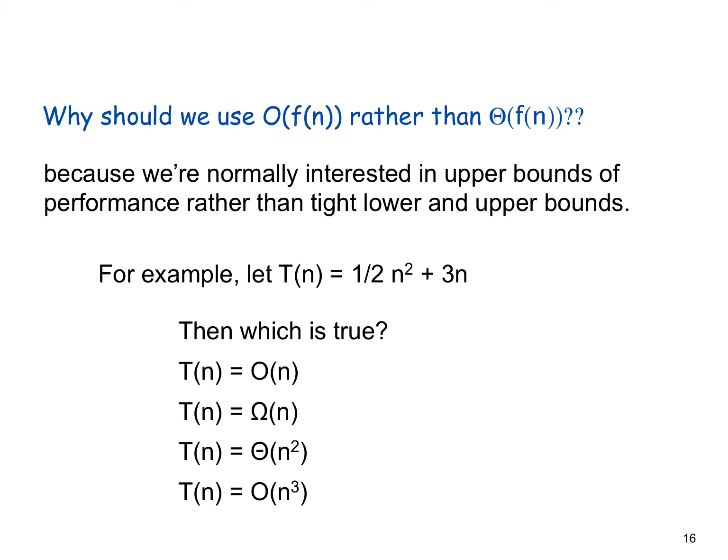In most cases, we don't really care that much about the lower bound. We're really concerned with how bad performance can get. And so, for example, this is another set of questions for you to answer offline. If I have t of n equal to 1/2 n squared plus 3n, then which of the following 4 statements are true? I'll let you do those and we'll talk about them later.